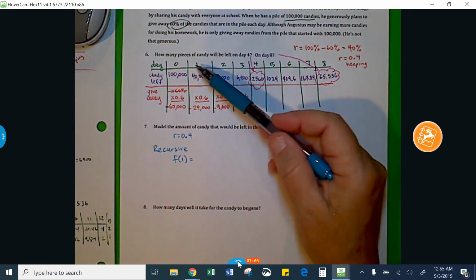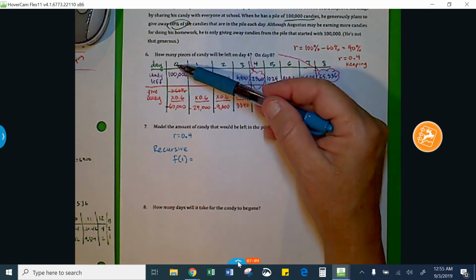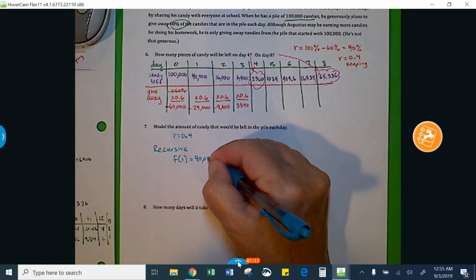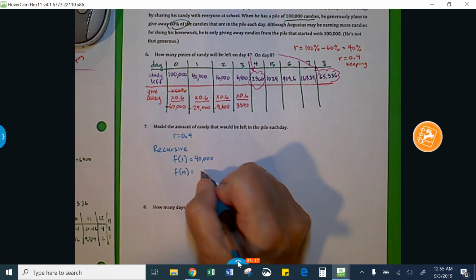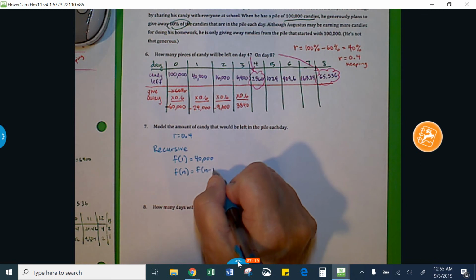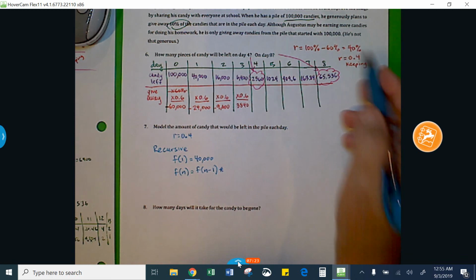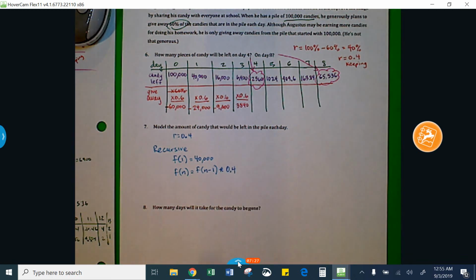Now the first term here would be 40,000, not 100,000. This would be the zero term. We'll go ahead and use the first term, 40,000, since we already have calculated it. And then f of n equals f of n minus 1, the prior term, times the r value, 0.4. That's our recursive formula.